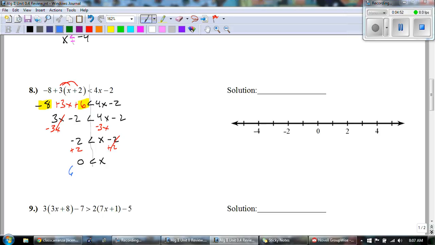The only thing that's wrong with that is the x is in last, okay? We have to rewrite that. So we would say that x is greater than 0. So at 0, I am open, and I'm shading everything to the right because it is greater than.